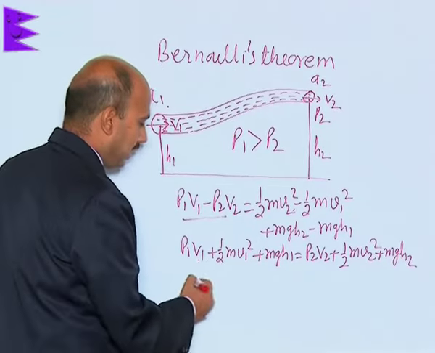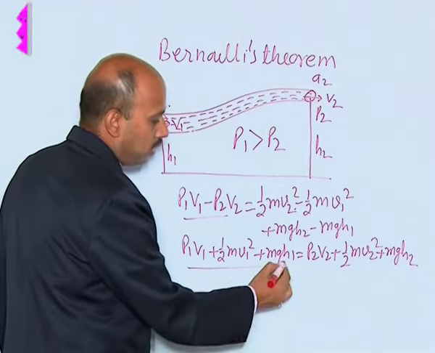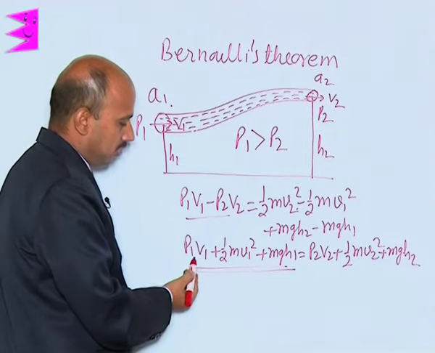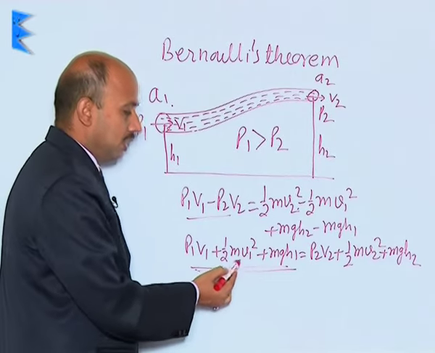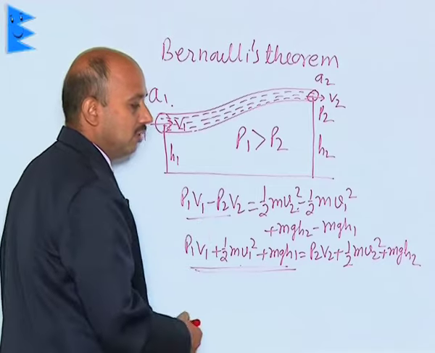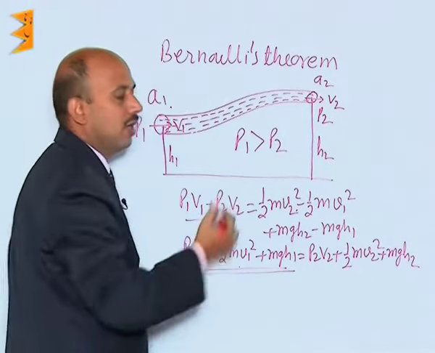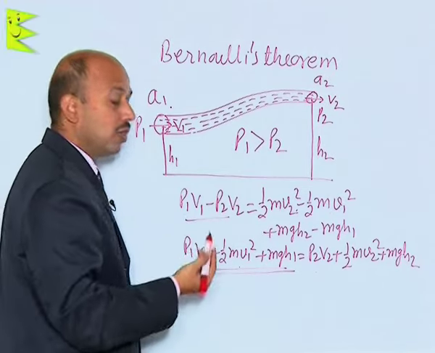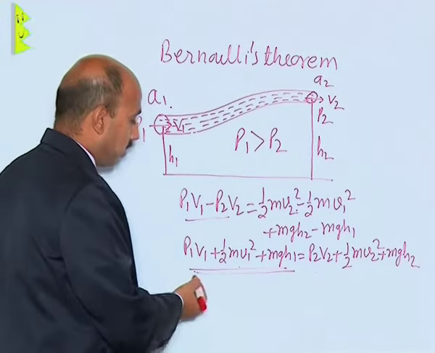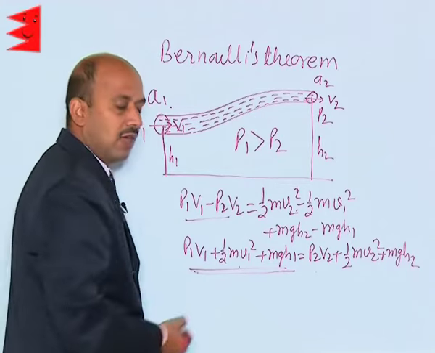So now we can write that the total energy, the sum of the pressure energy, kinetic energy and potential energy at this point, is equal to the sum of all these types of energy at the other end. Now you have to get the total energy per unit mass. So we can divide by mass on both sides.